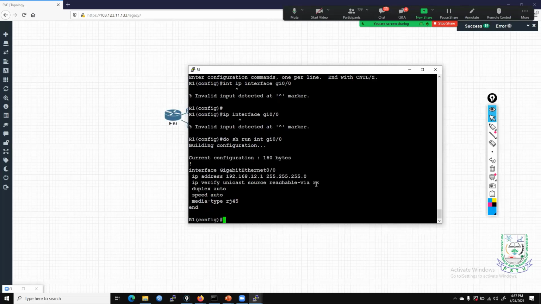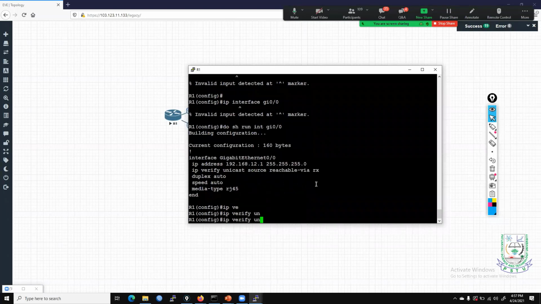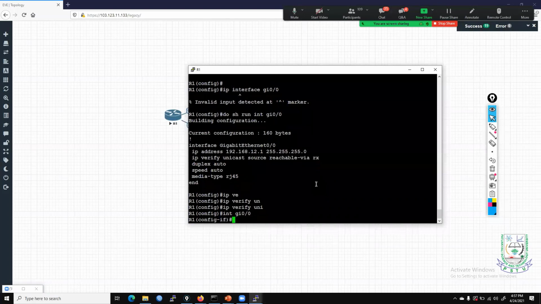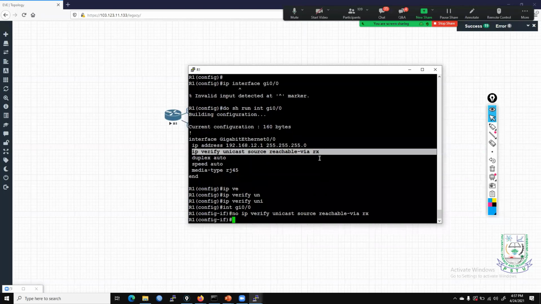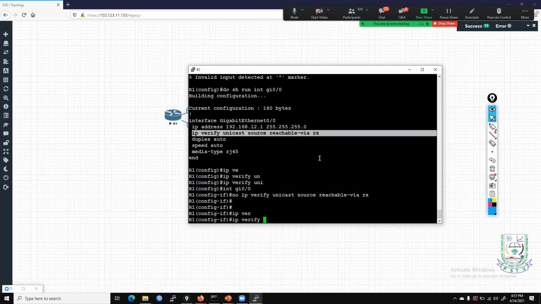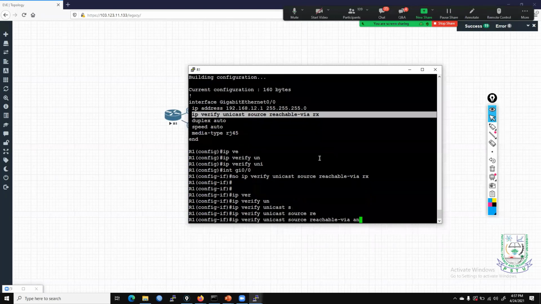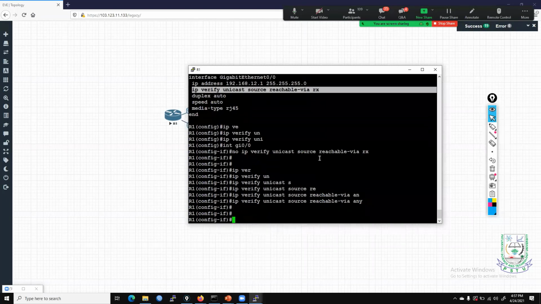But here it is reachable-via any. I have to go under interface gig 0/0, first remove this command from here, and then enter IP verify unicast source reachable-via any. The command would use the keyword any.